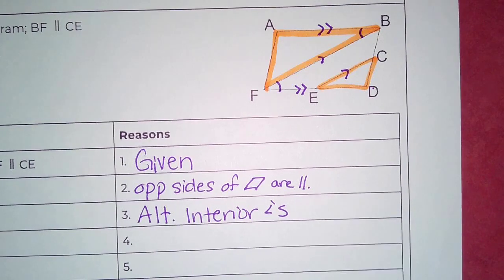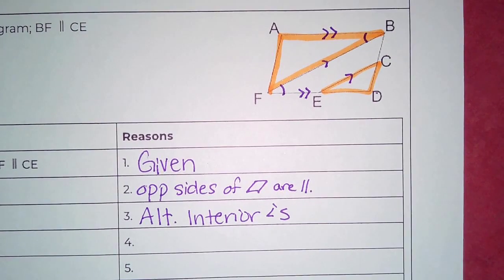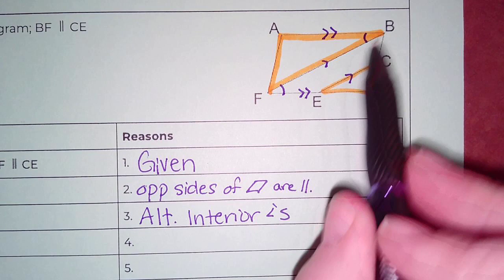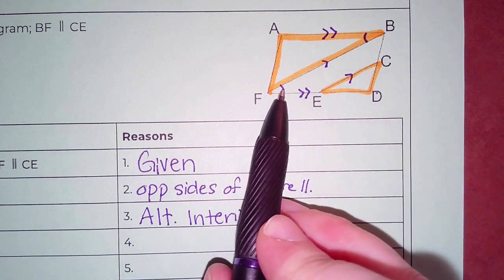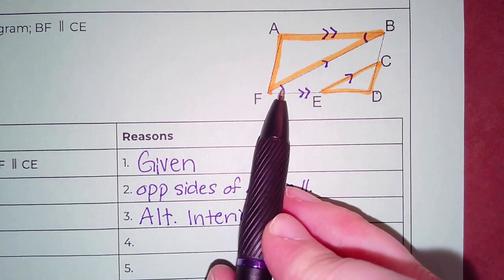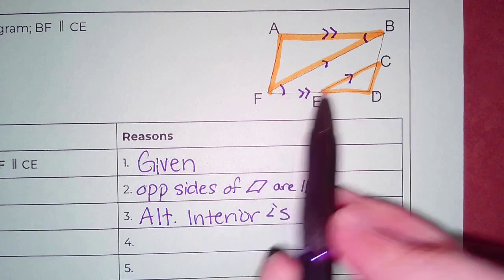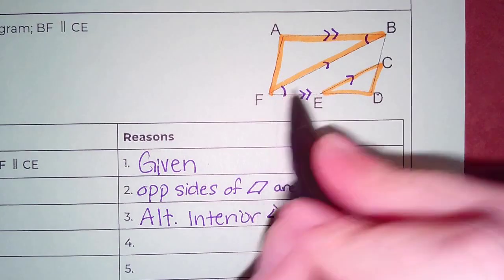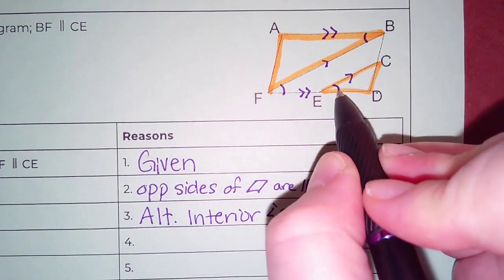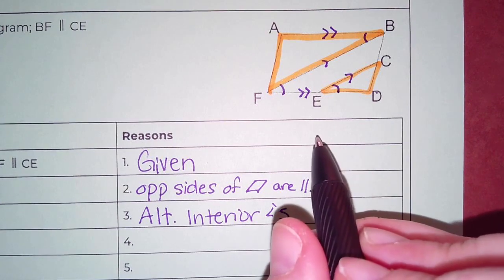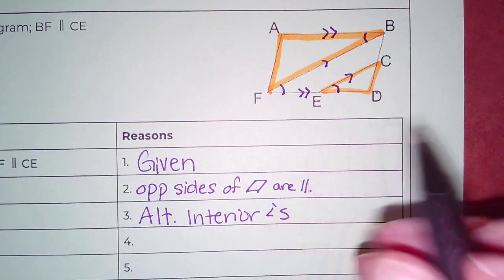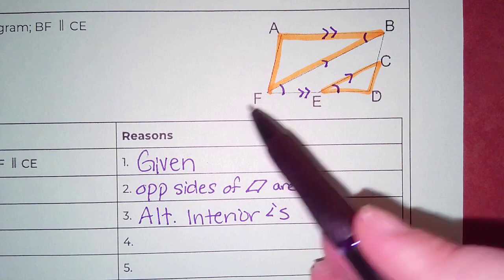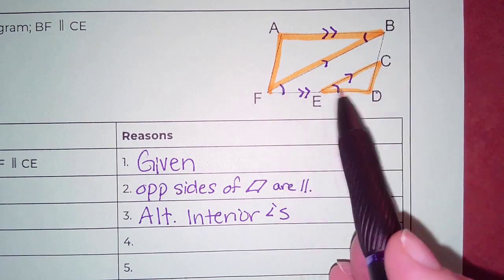Okay. Next step says DFB, we just marked that one, is congruent to DEC. This one has 1 mark, so I'm going to give this 1 mark as well. How is that true? Corresponding angles. Good. With these parallel lines, those would be corresponding.